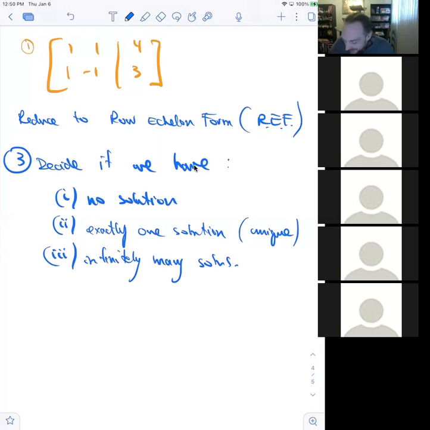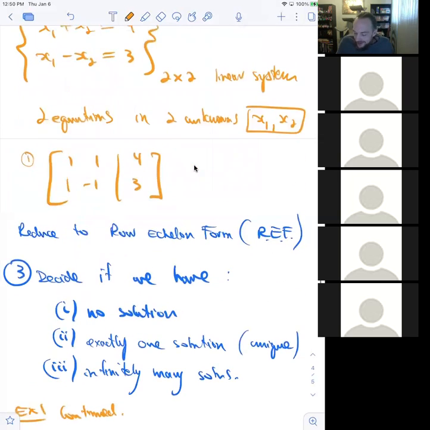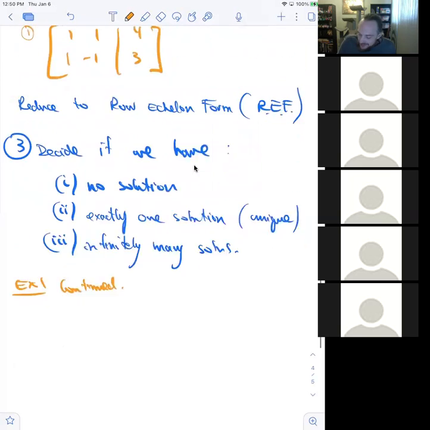Once I do that for the system, for our example 1, what do I have? I have this augmented matrix.